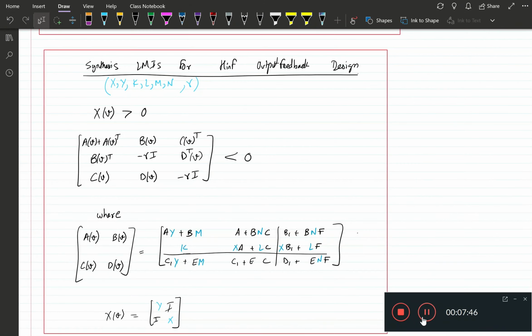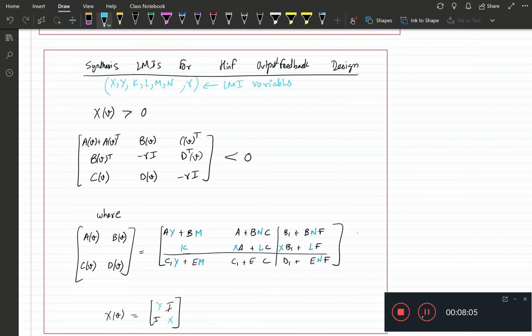So if we now try to write down the final H infinity output feedback synthesis problem, we look for these LMI variables X, Y, K, L, M, N, and gamma that satisfy these inequalities.